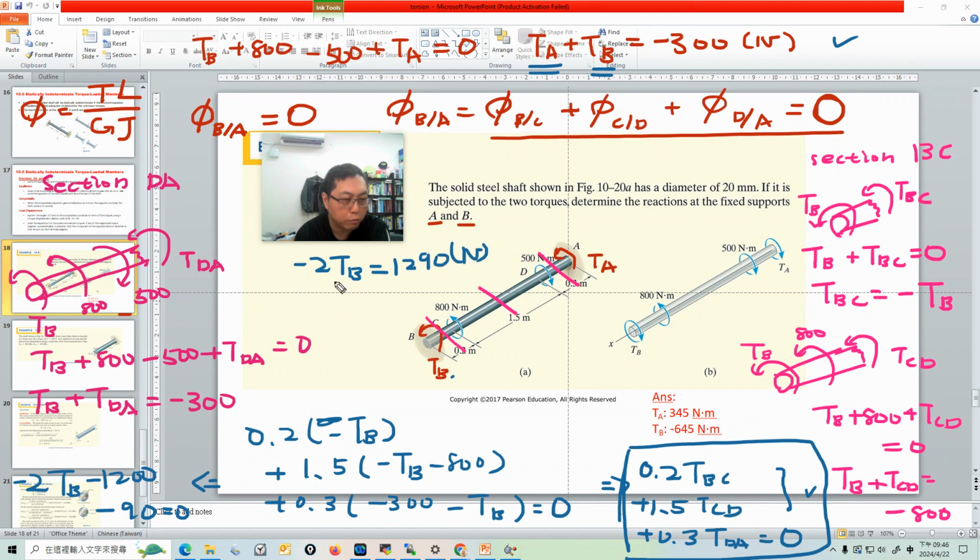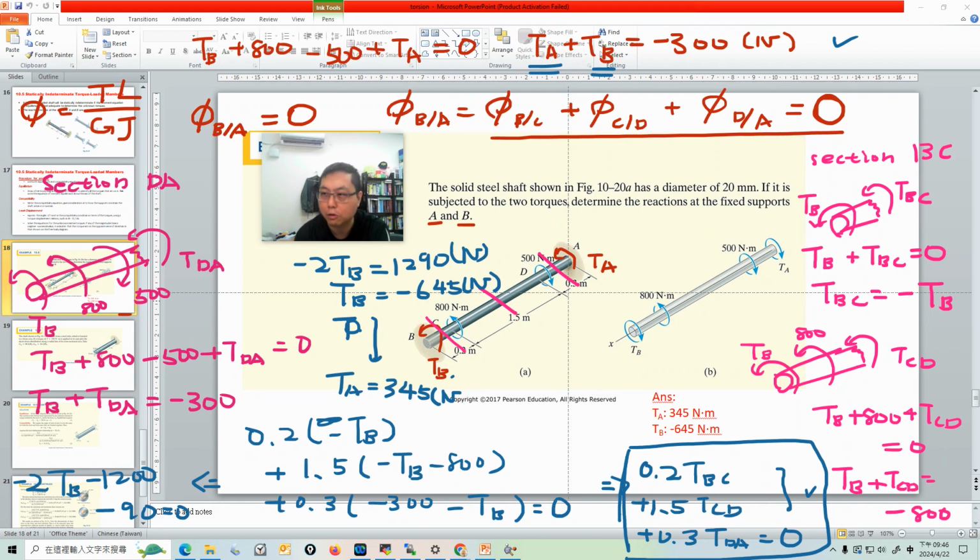So what is TB? TB is minus 645. And we already know TA plus TB is minus 300. So we can solve TA. TA is just 345.